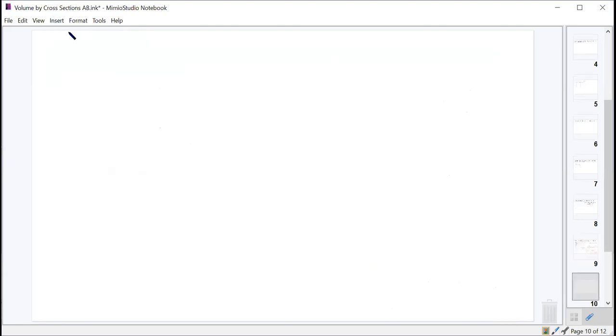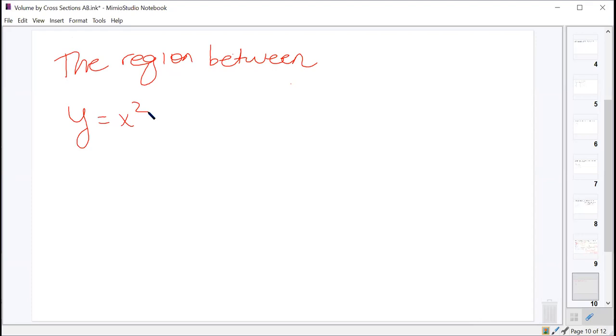All right, we're going to look at the region. Let's see, what region do we want? The region between, how about, y equals x squared and y equals 2 minus x squared.